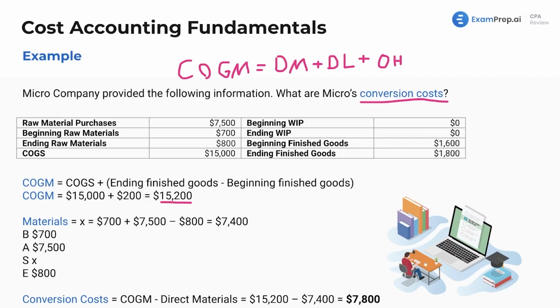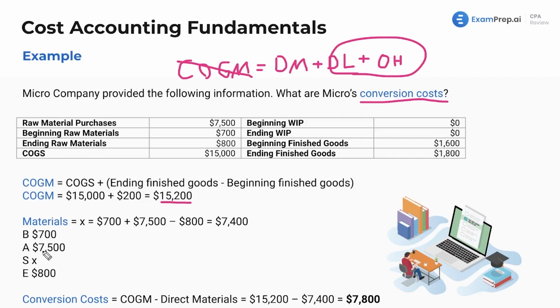Now, what about materials? We also need materials because we've got this one down. We're trying to find this. We need this. And, well, we have beginning materials. We have ending materials. We have additions to materials because purchases are additions to the stockpiled materials you have. And materials used in cost of goods manufactured, that would be the subtraction.